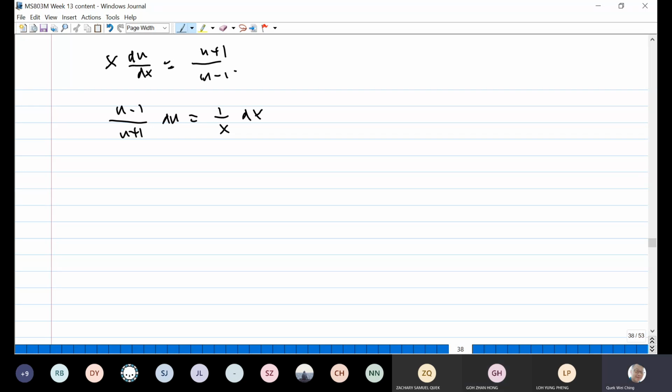So you can either do the long division, or write u minus 1 over u plus 1 as u plus 1 minus 2 over u plus 1. So it's 1 plus minus 2 over u plus 1.